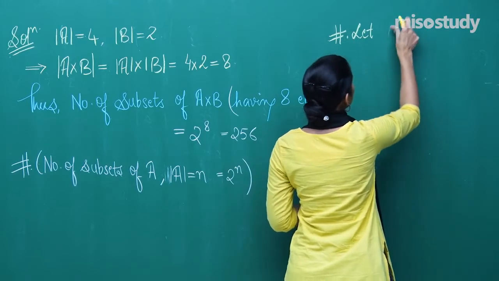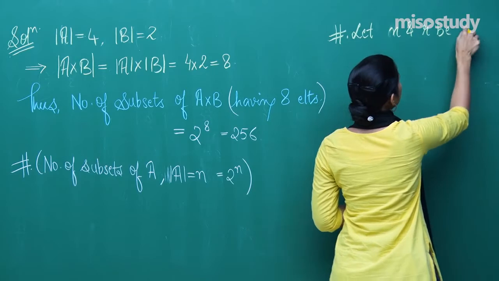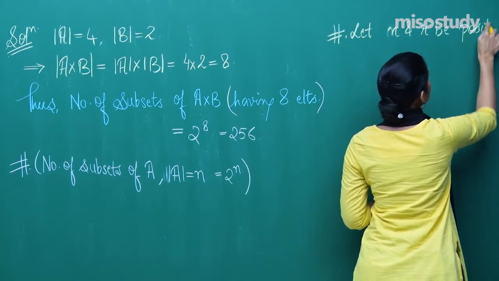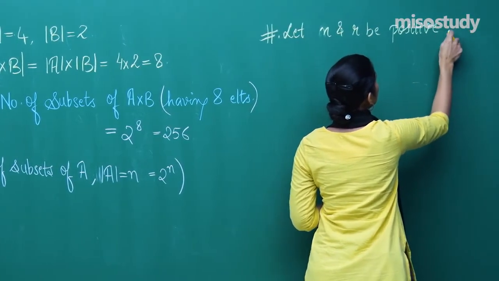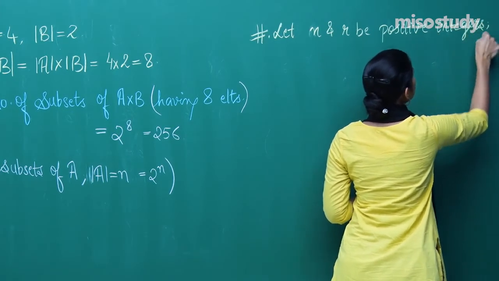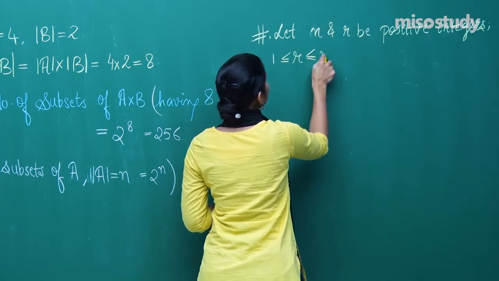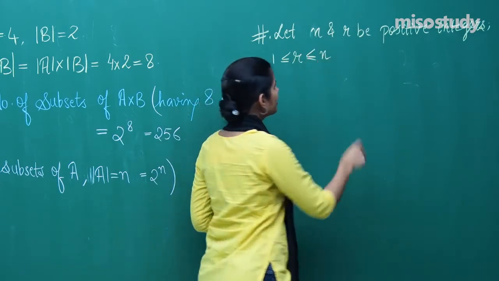Let n and r be positive integers such that r is greater than or equal to 1, less than or equal to n.